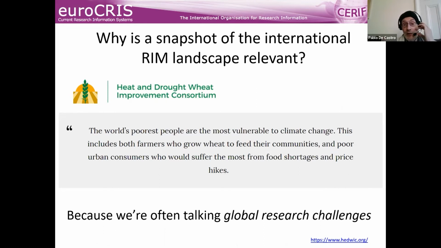Climate change, as stated by this Heat and Drought Wheat Improvement Consortium, is hitting the poorest people in the world. So this organization is aiming to promote resilient agriculture in the face of climate change.